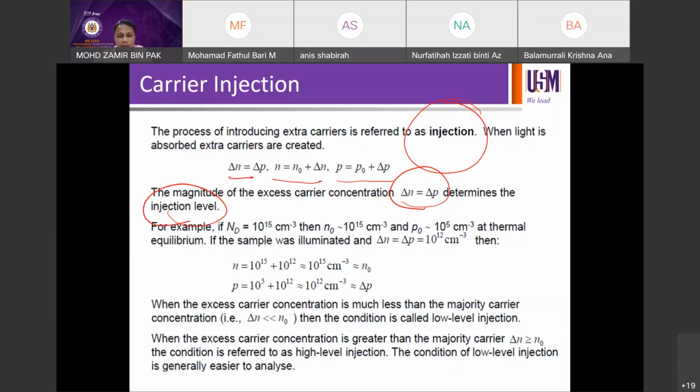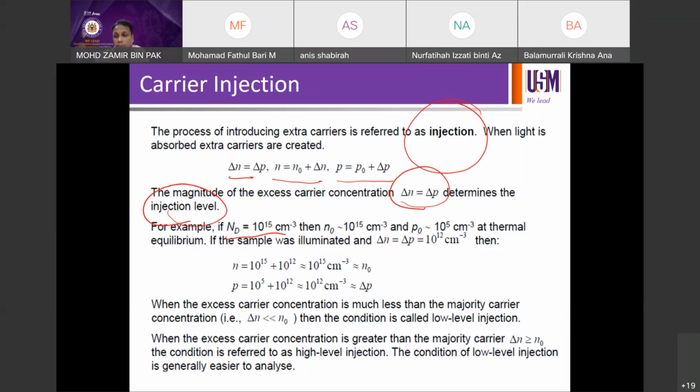For example, if ND is 10 to the 15, we discussed 10 to the 17, so it's the very same thing. Therefore, N naught is equal to 10 to the 15, and P naught equals 10 to the 5. We've been discussing 10 to the 17, and therefore P naught is 10 to the 3.